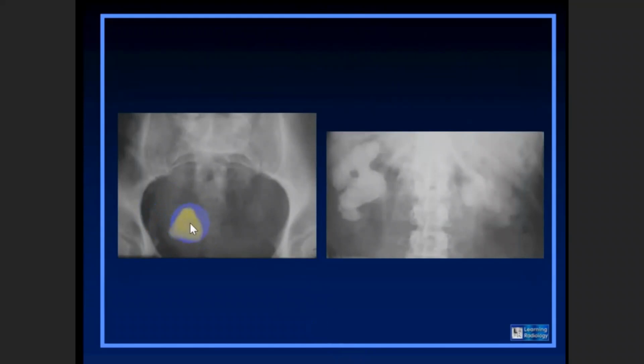This is urinary bladder calcification. Here in the pelvis of the kidney, which is called staghorn calcification, or stone in the urethra, staghorn calculi in the renal pelvis, and it looks bilateral.